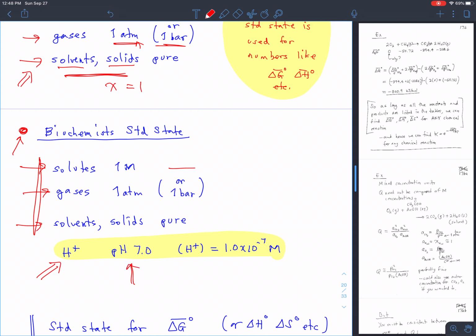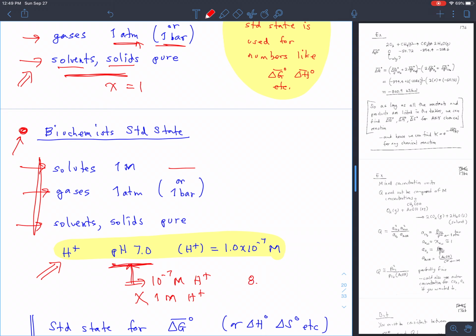The reason for that is obvious, right? pH 7 is around 10 to the minus 7 molar for H+. 1 molar H+ would be crazy for most biochemical situations. It's a much smaller concentration of H+ for most biochemical situations, even if the pH isn't 7, as it usually isn't inside cells.